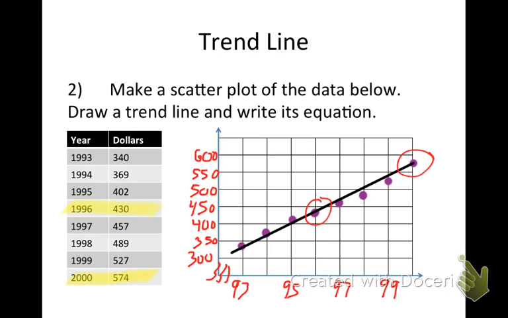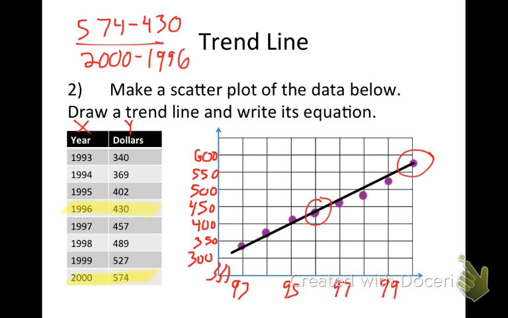Now I need to find my what? I need to find my slope. So I'm going to say, remember, this is my x, this is my y. So I have 574 minus 430 over 2,000 minus 1996. Well, what's 574 minus 430? 144, right? Over 2,000 minus 1996, which is 4.